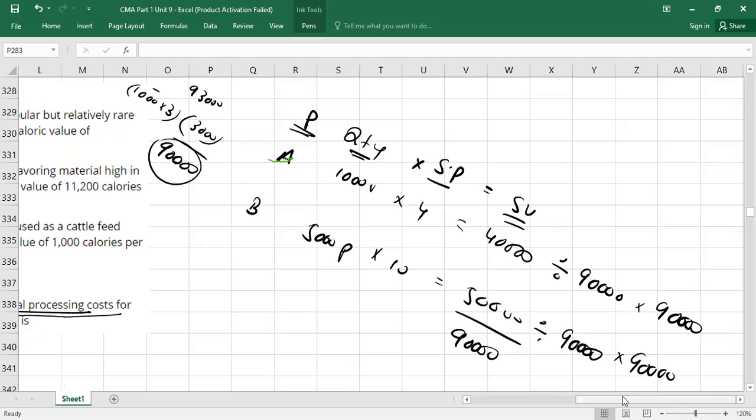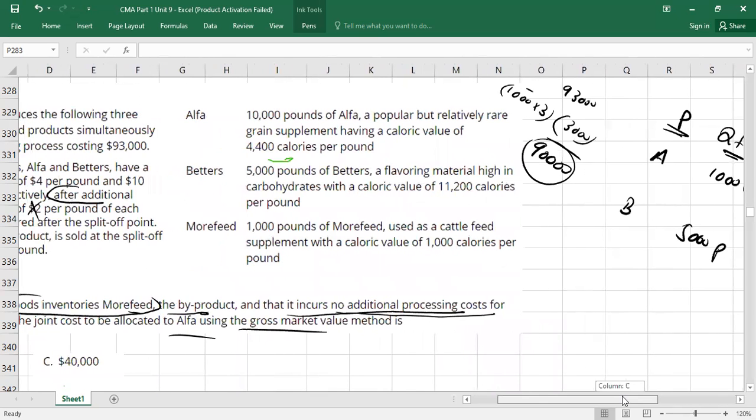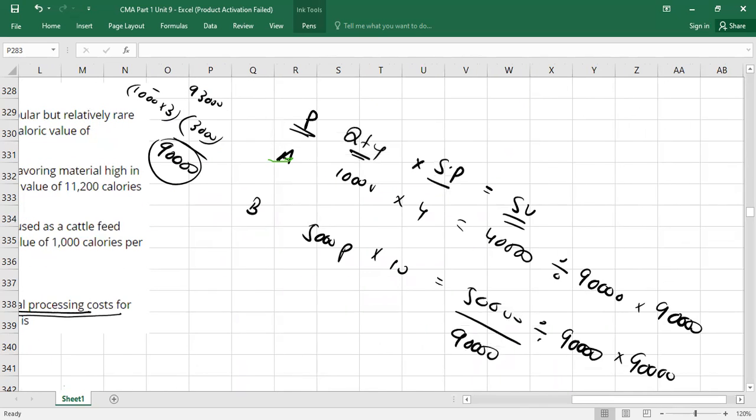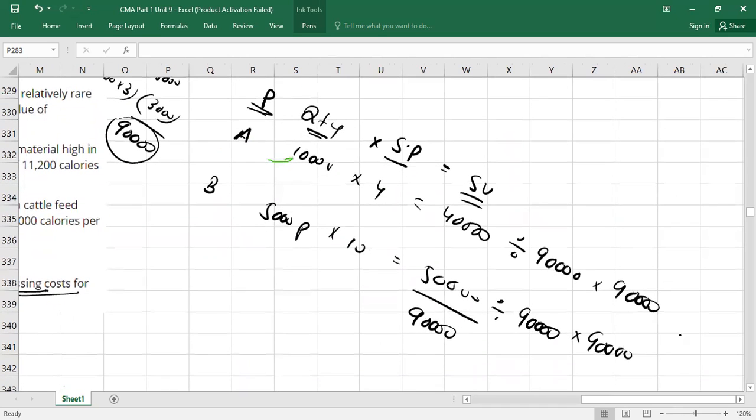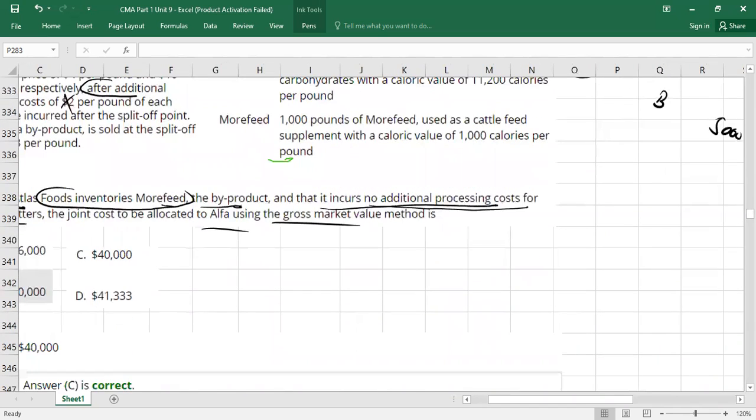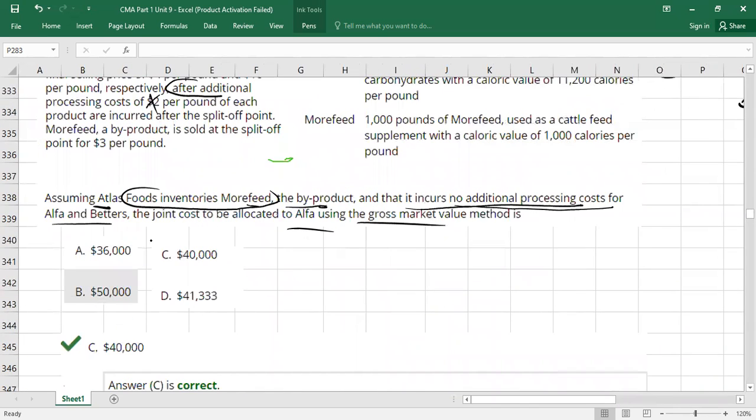So which one do you have to calculate, guys? Alpha. Okay, what will be the answer? Tell me. Same. 40 will be allocated to alpha, 50 will be allocated to beta. Understood? I hope you can do it right, guys. So this 40,000 is the answer for him. See, small words make a difference.